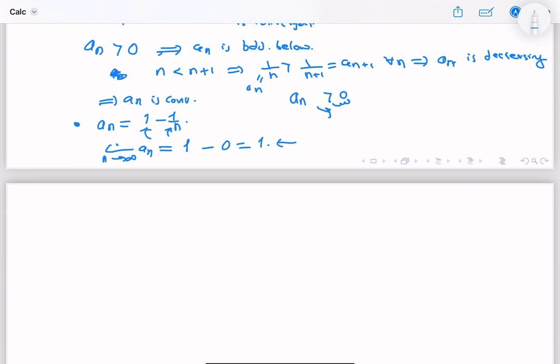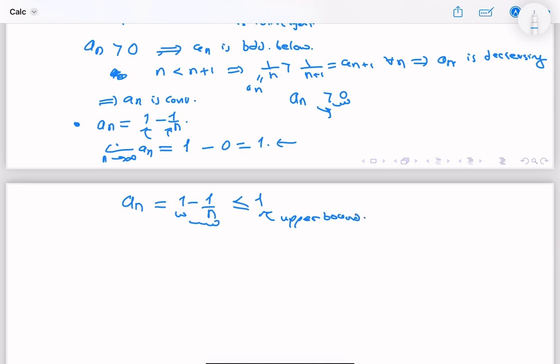So why is that so? Well, if you look at a_n, a_n is equal to 1 minus 1 over n, and this is 1 minus a positive number. So this is less than 1, right? Because every time you're taking 1 and you're removing something from it, you'll be less than 1.